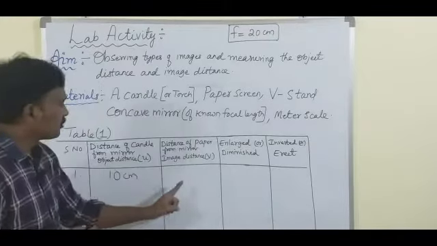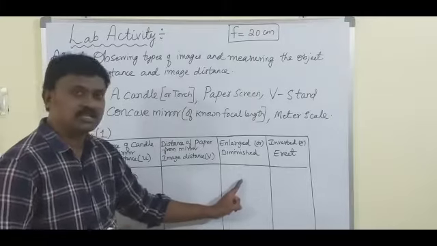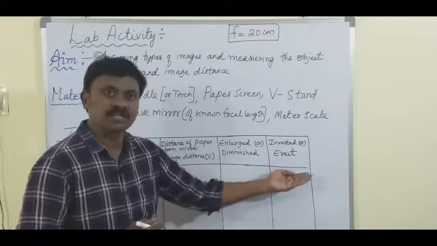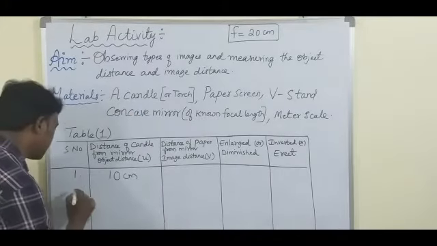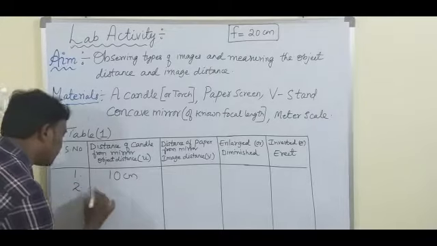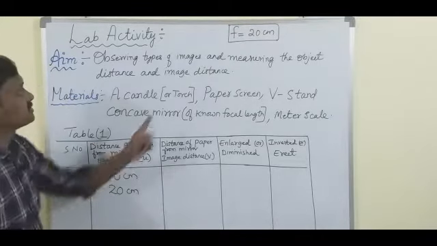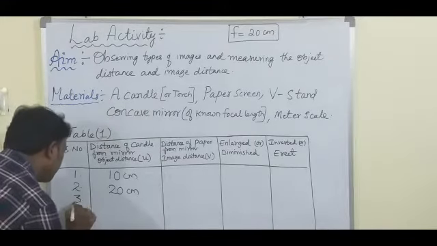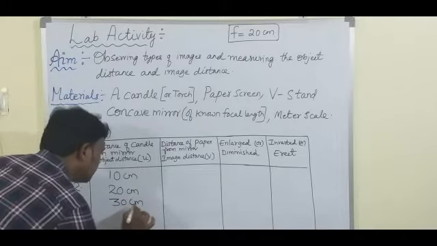Okay, now I am going to measure the image distance here, and what is the nature, is it enlarged or is it diminished, is it erect or is it inverted, that nature we are going to write here. Okay children, the first reading is at 10 centimeters, the second one is at 20 centimeters, that is at the focal length. And the third is at 30 centimeters.